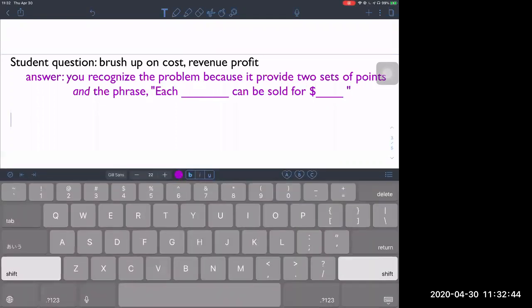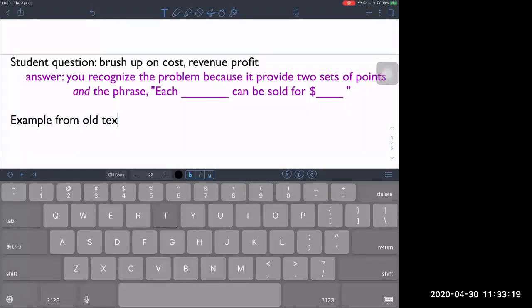The example we're going to do is from the old textbook. So let me just write the page number here for you all. Where is it?